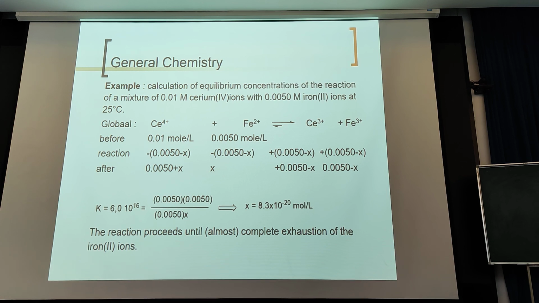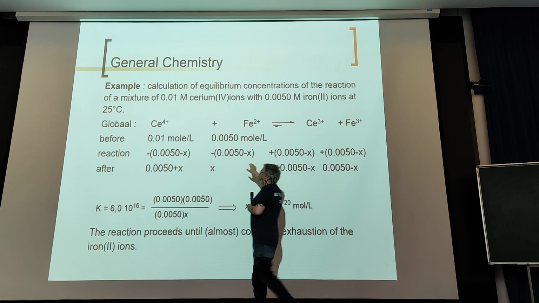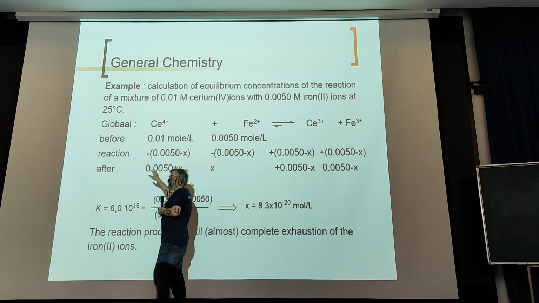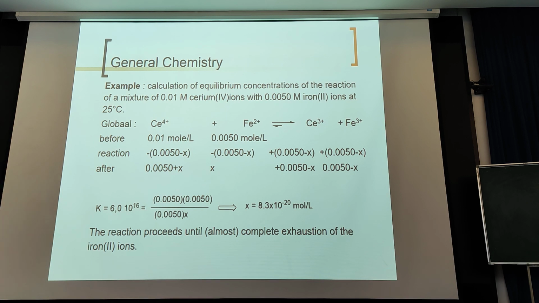Let's call it X again. That means the cerium 4 plus, the same amount has to disappear, so you get 5 millimolar left, and this very small amount X, but we can simplify that. How much cerium 3 plus is forming, how much iron 3 plus: 5 millimolar.